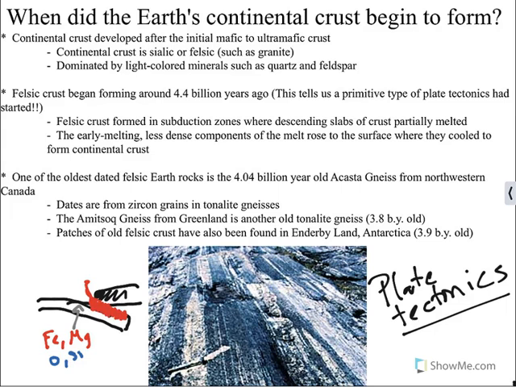Now, out of these two groups, the mafic group and the felsic group, which of those two is going to have the lower melting point? Hopefully you said the felsic group, because that is the correct answer. So as this material starts to melt, your oxygen and silica minerals are going to be released up to the surface.